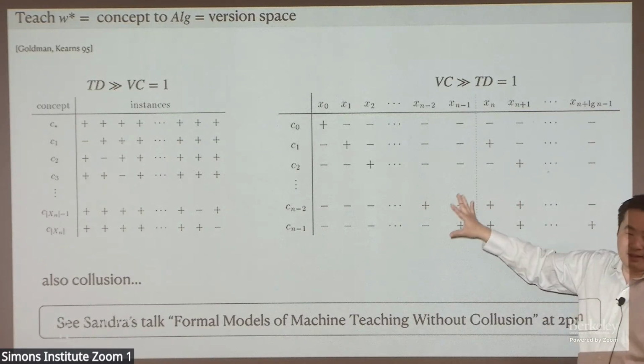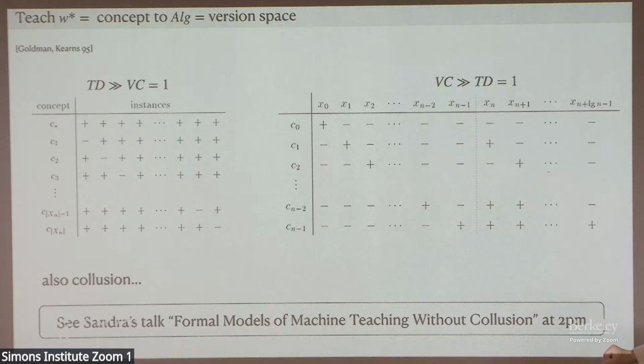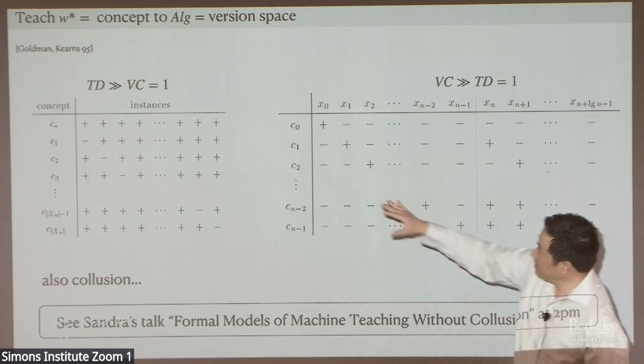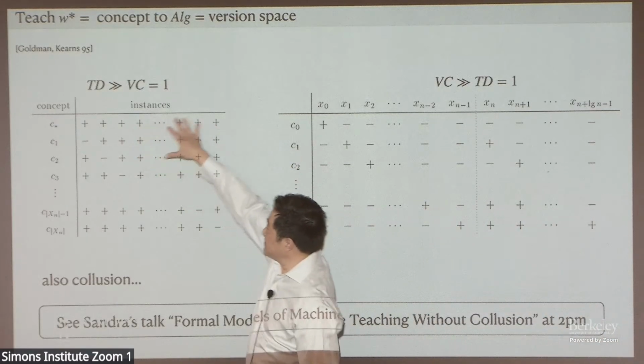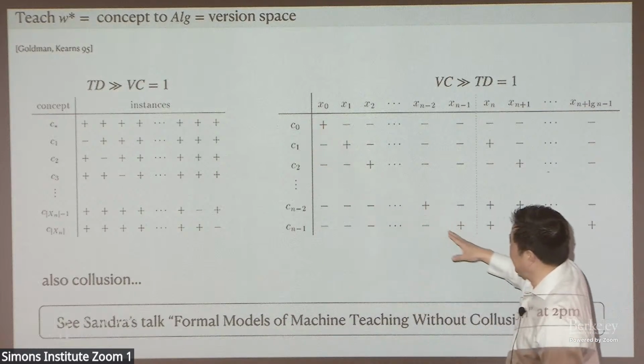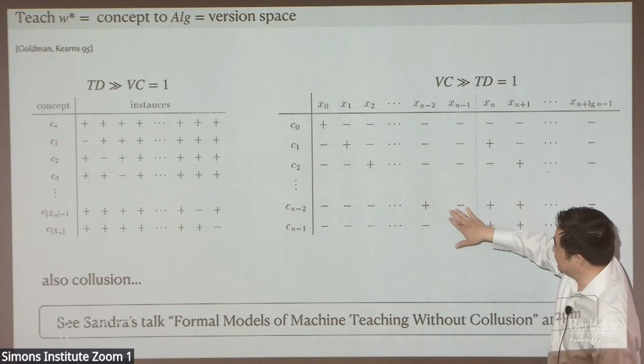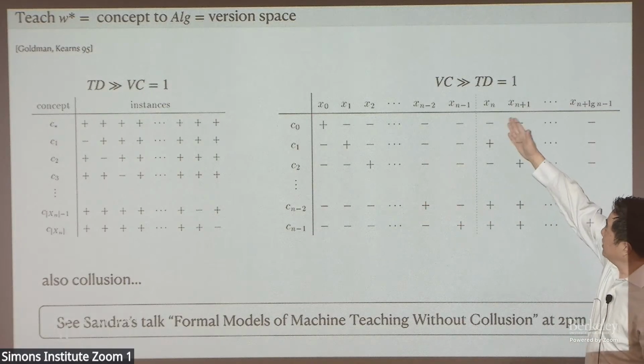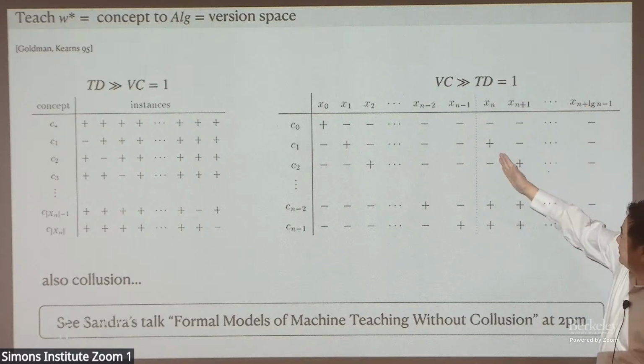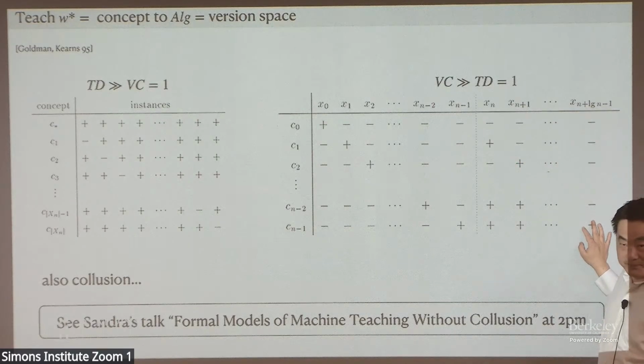But on this problem, let me explain this again. We don't have the nasty first row anymore. We just have this diagonal, positive here, and everything else is negative. Then we have additional log n items, and this is just a truth table of those log n items. Why?